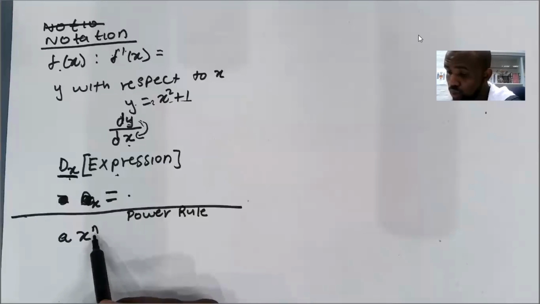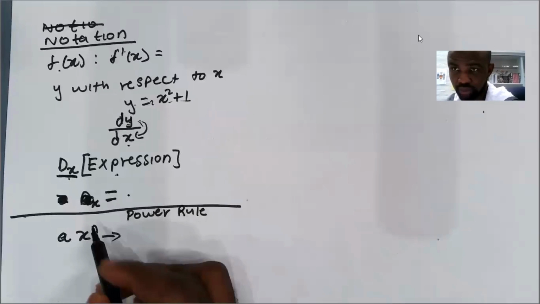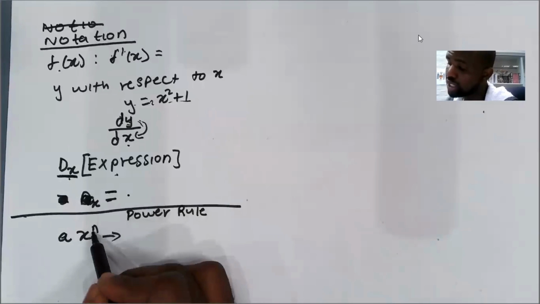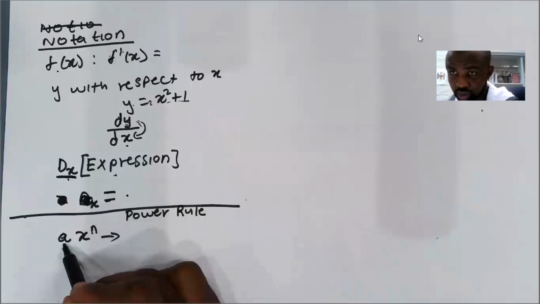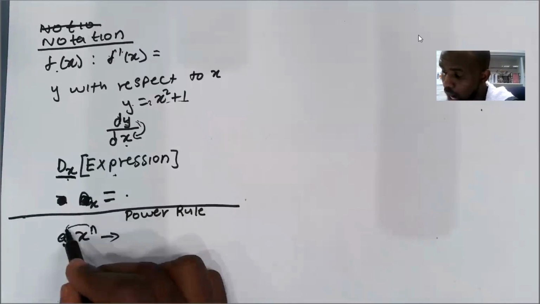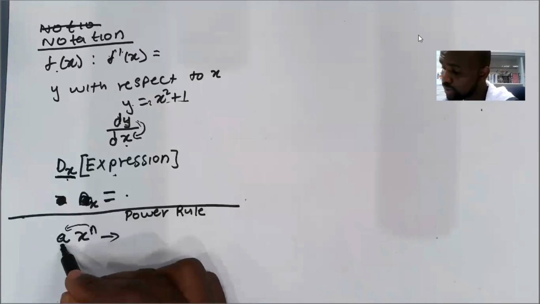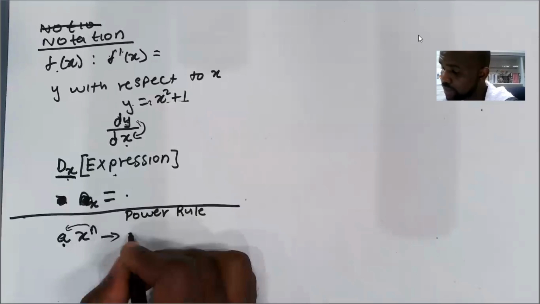Then how are we deriving this? When we are deriving this, we're going to take our exponent, this power n, and times it with our coefficient. So it's going to be n times a.